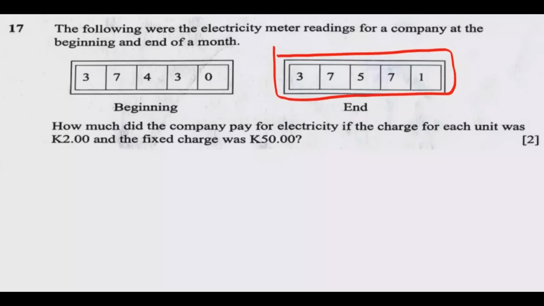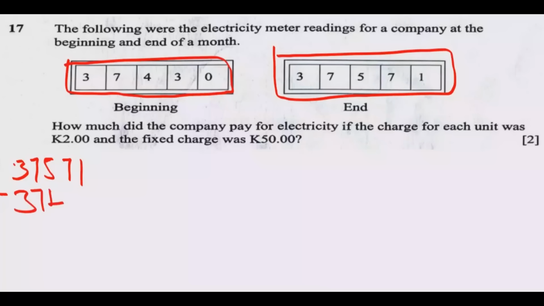So we're going to write 37,571, then minus the reading of the meter at the beginning of the month, which is 37430. So we find out how many units they used in that particular month. So 1 minus 0 will give us 1.